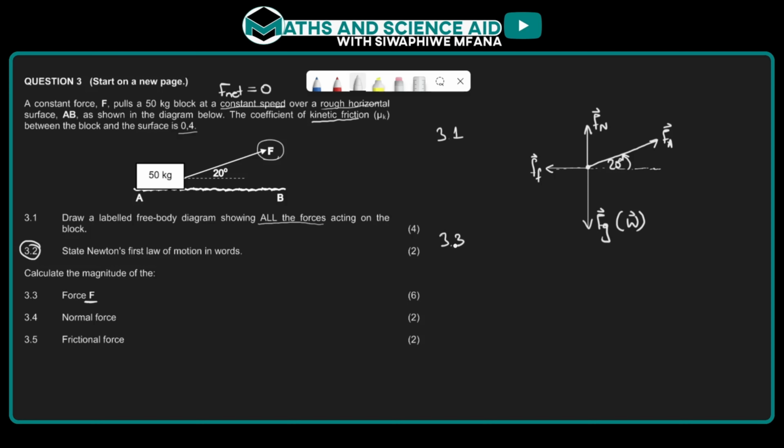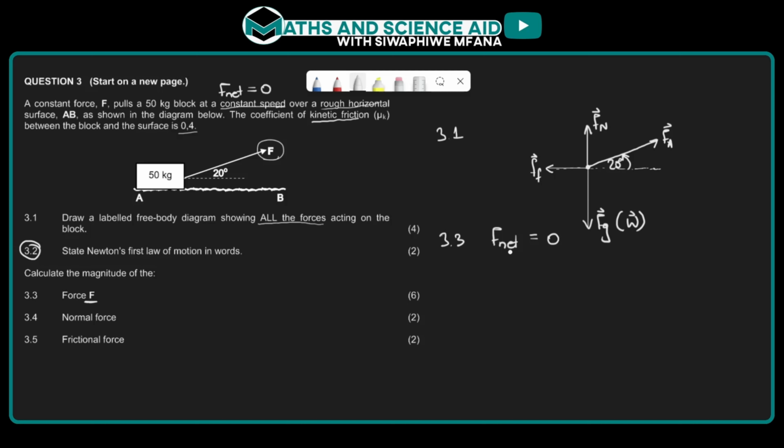And so for 3.3, what we know is that the net force acting on the block is equal to 0. And now this net force can be resolved into the vertical and the horizontal component. Of course, we also commonly call the vertical component the y component and the horizontal component the x component.